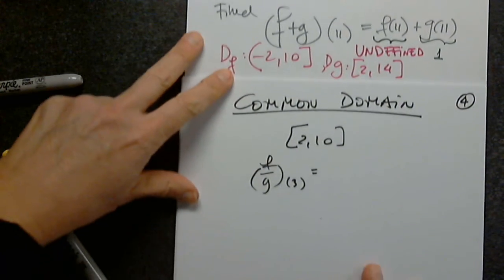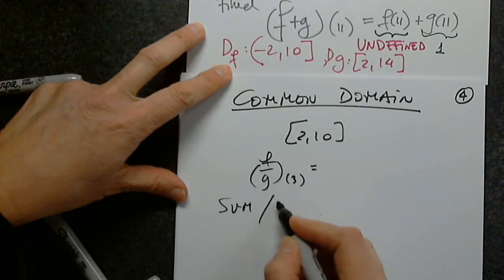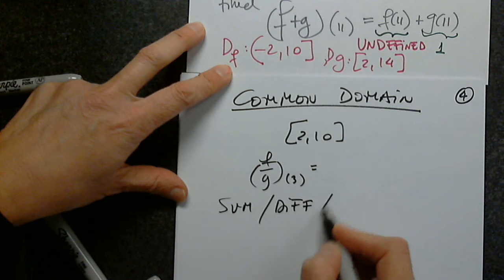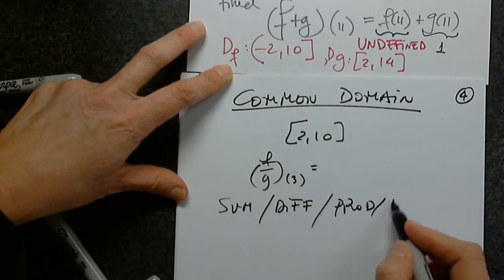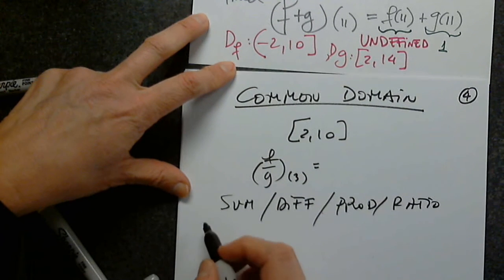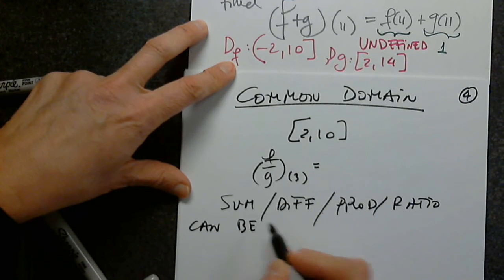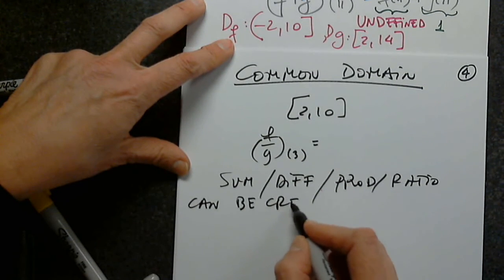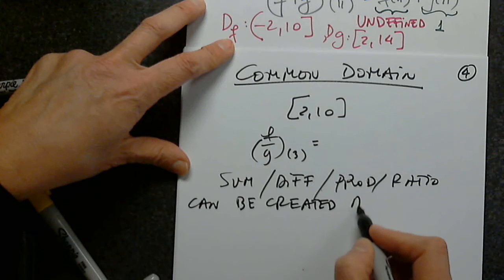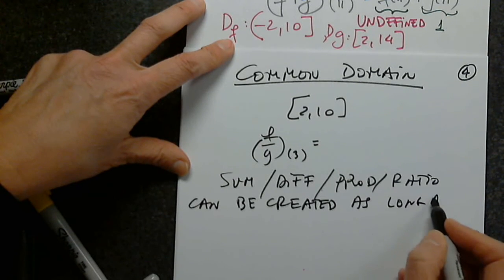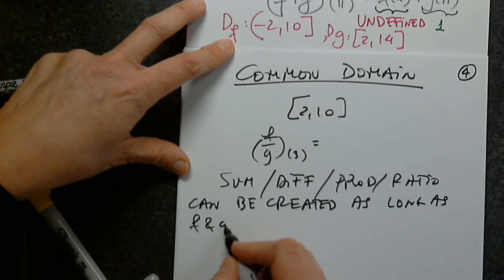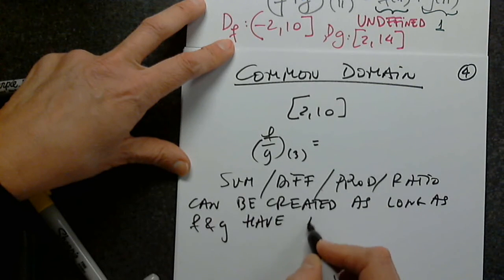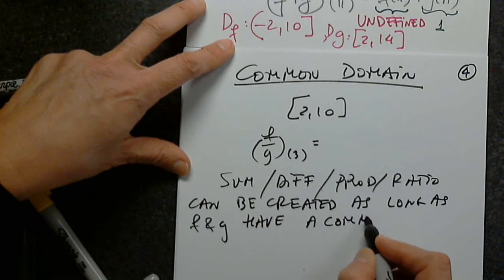So, sum, difference, product, ratio can be created of two functions as long as F and G have a common domain.